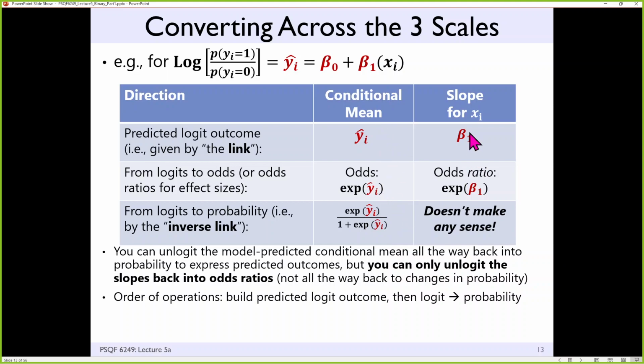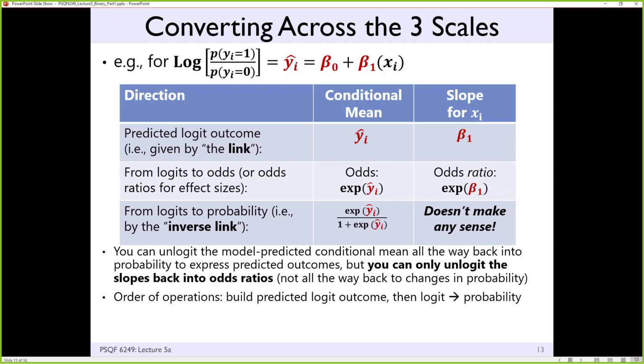The slopes, though, do not have that same flexibility. The slopes in logits, you can exponentiate, e to the slope, and software will do this for you quite readily, to create something called an odds ratio. So it is literally a ratio of odds. There's 4 terms in it.